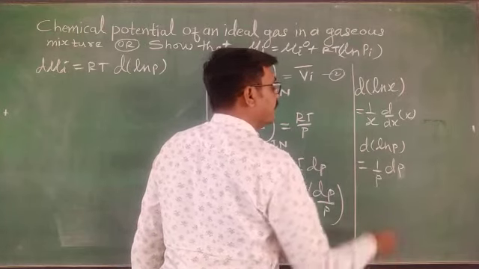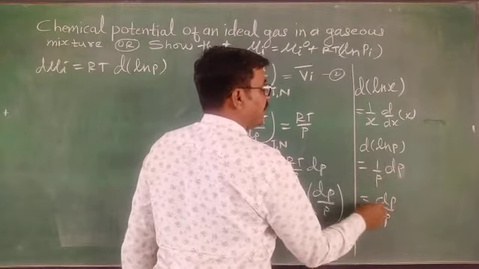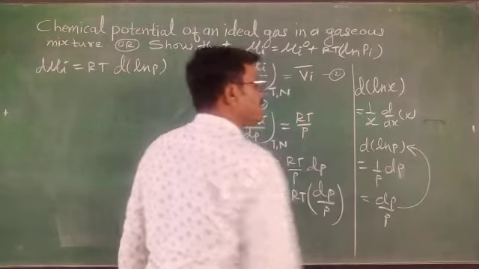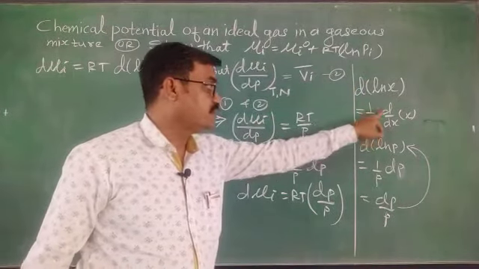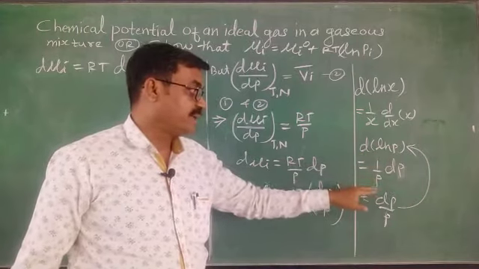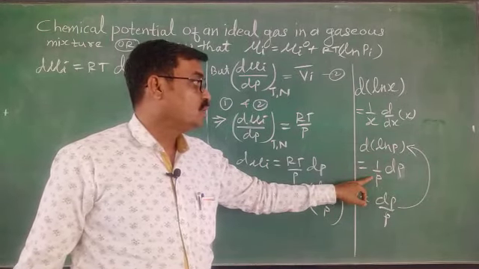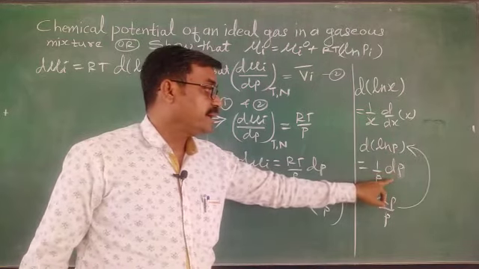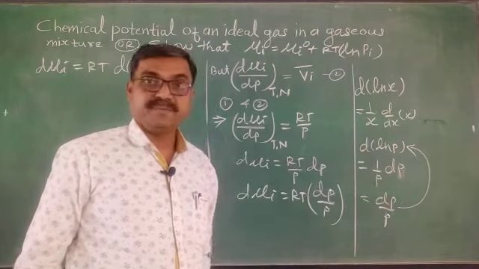Getting it? That's why dP upon P is nothing but this, because the derivative of ln x is 1 by x into d/dx of x. Similarly, the derivative of ln P is 1 by P into d/dP of P, or the derivative of P, and it will be dP.